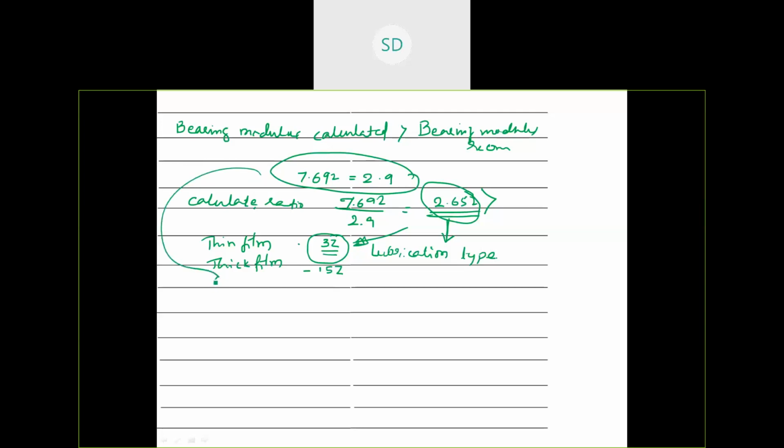So based on the minimum value, you can say the selected oil is safe for this application. Suppose you need to find out what type of lubrication is going to form, then you go for this relation, thick film, 15 times.